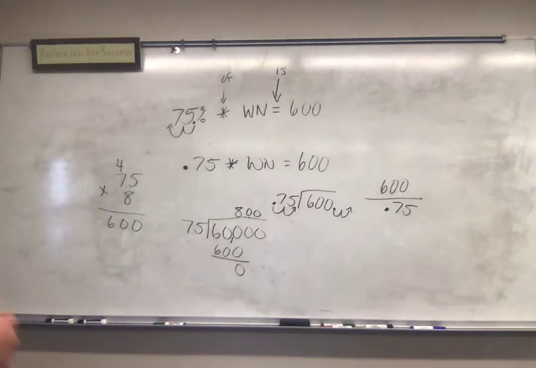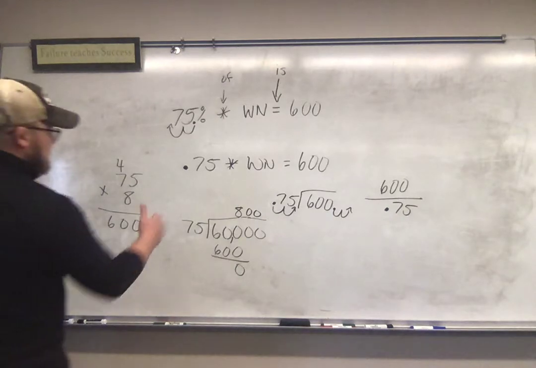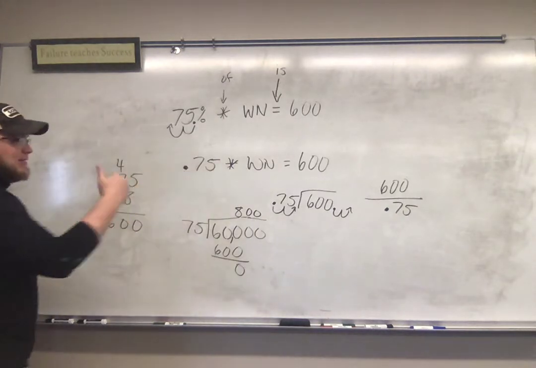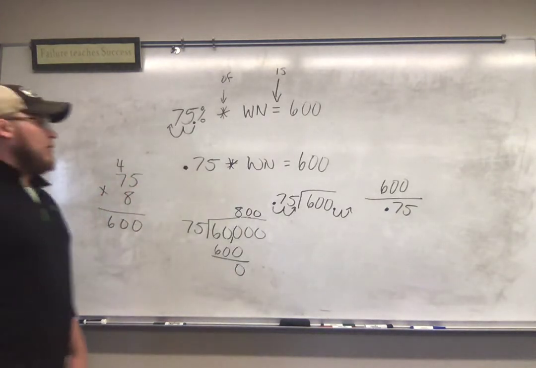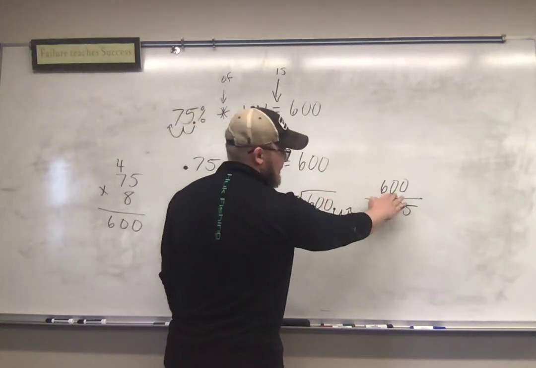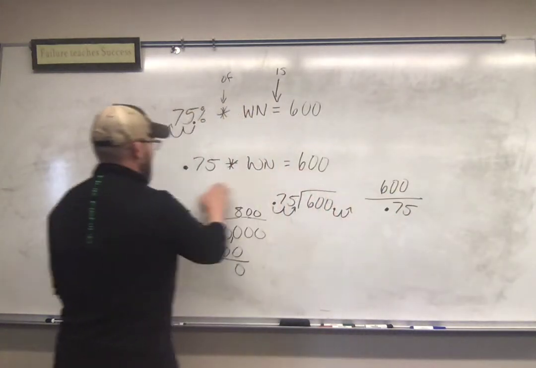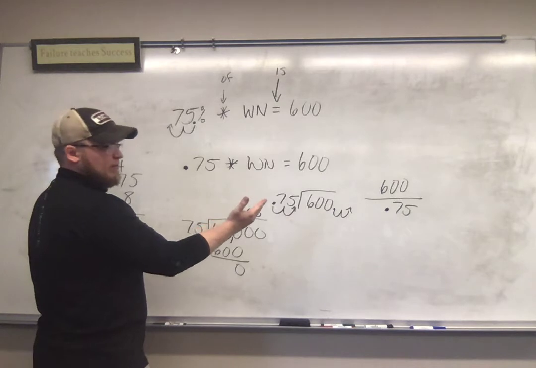Okay, so I'll get out of the way so you can see how that started again. We wrote it down up top. We wrote the percent. But remember, we can't leave the percent as a normal number right now. We had to move it twice to the left, so it's 0.75. Then we went over here and started dividing 600 by 0.75.